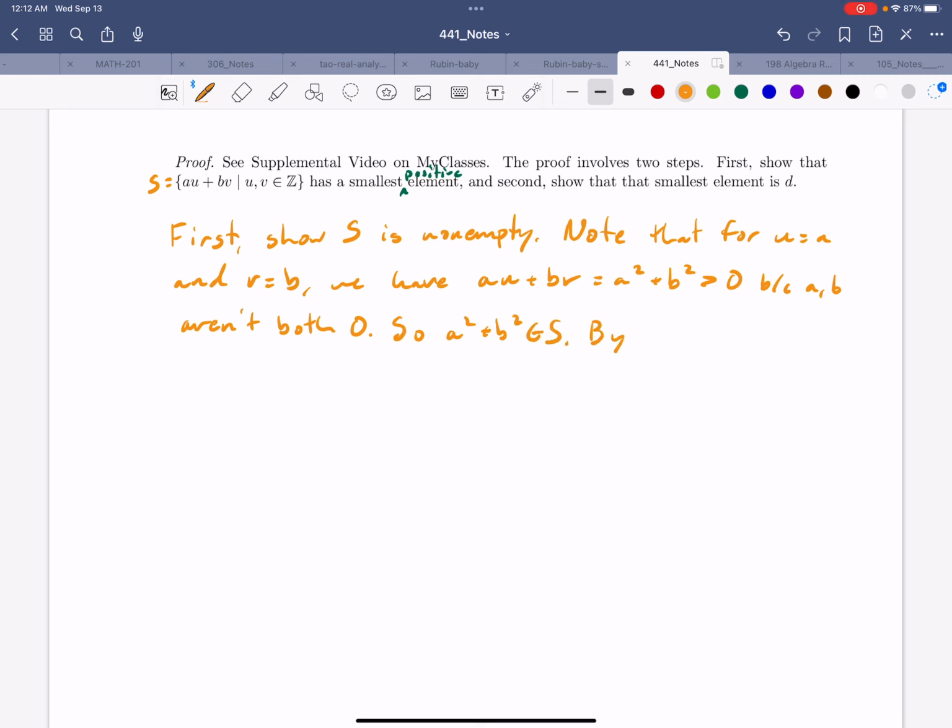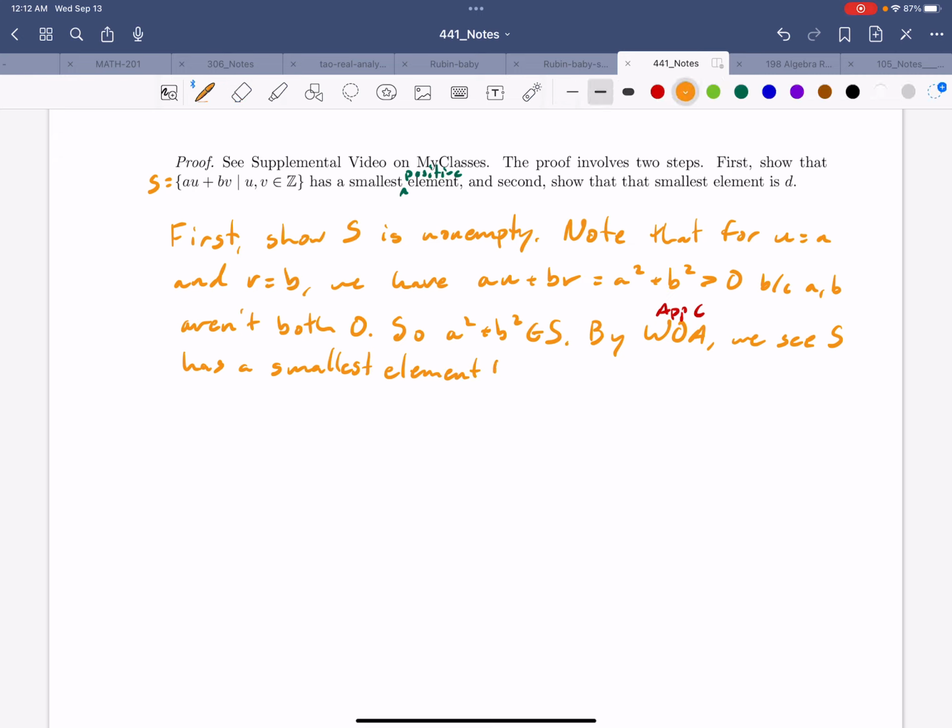And then by the well-ordering axiom, which you can find in Appendix C if you'd like, remember, that's where we learned induction, we see S has a smallest element.